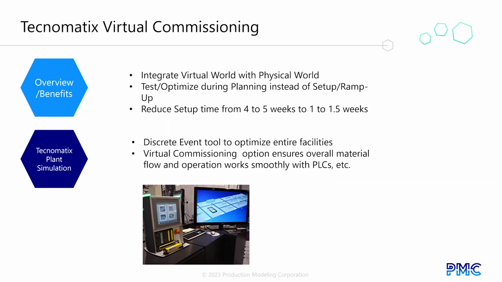This ensures that the overall material flow and operation of a facility works smoothly with components like PLCs, conveyors, light barriers, etc. The OPC commissioning interface lets PlantSim send and receive control logic signals to and from the PLCs.